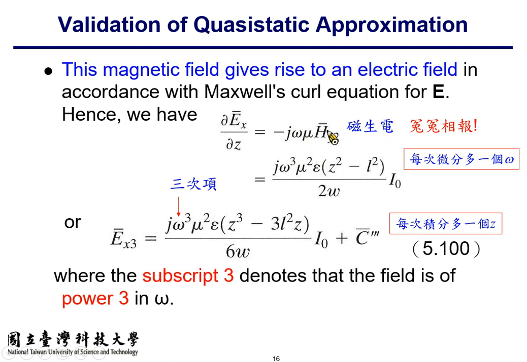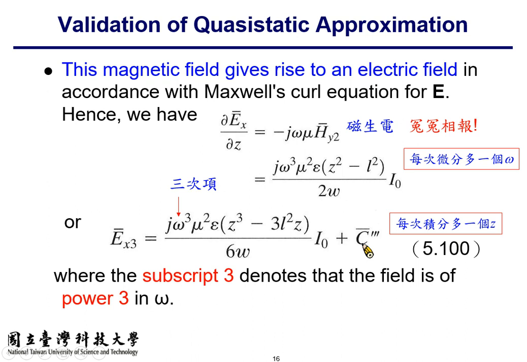You can continue with this process to find out the third order term of the electrical field. By taking a similar procedure, you have EX3, which is proportional to the cube of omega as well as the cube of position.